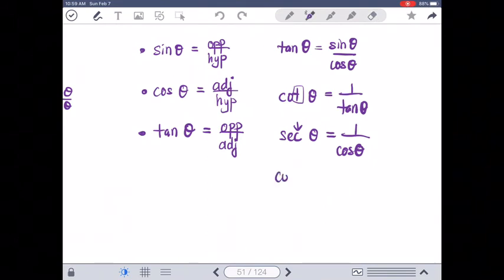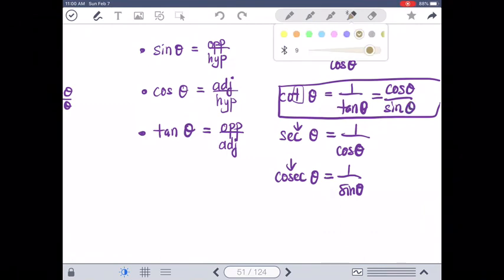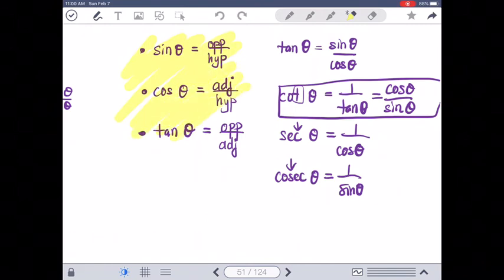Cosec theta, the letter is s, so 1 over sin theta. And cot theta is also equals to cos theta over sin theta. So basically, these are the things that you need to remember in order for you to answer the questions.